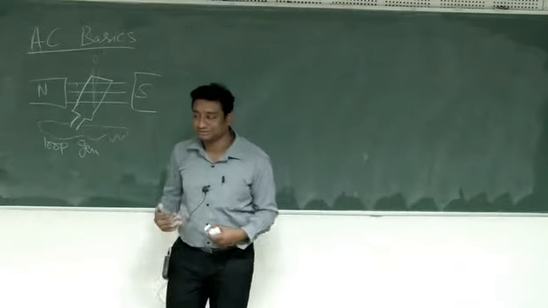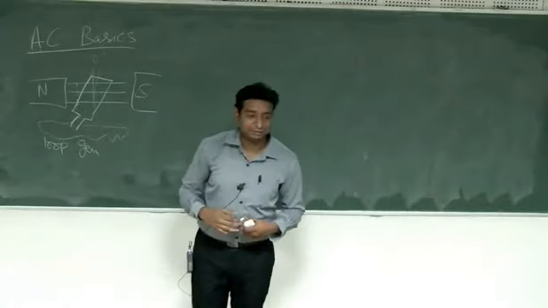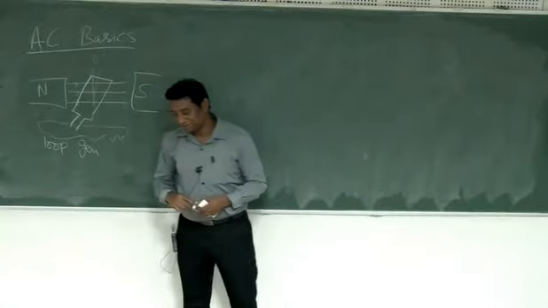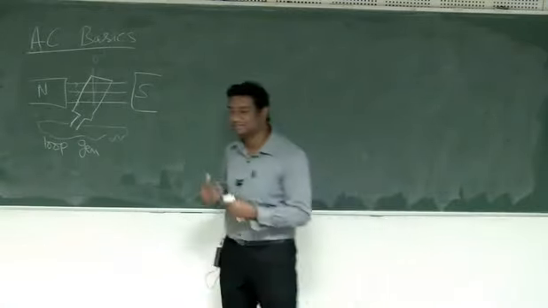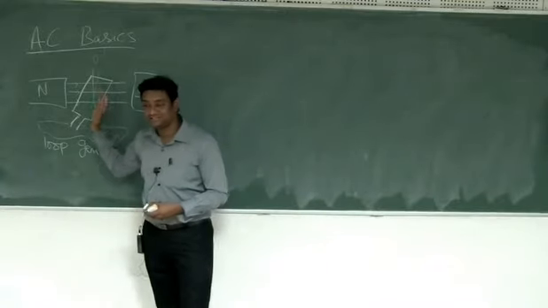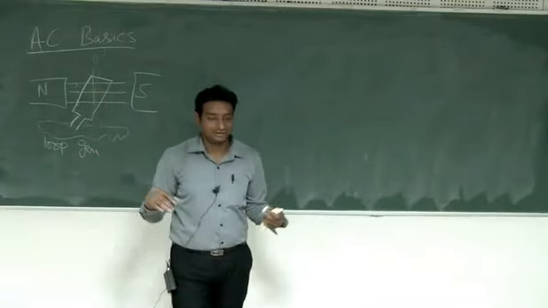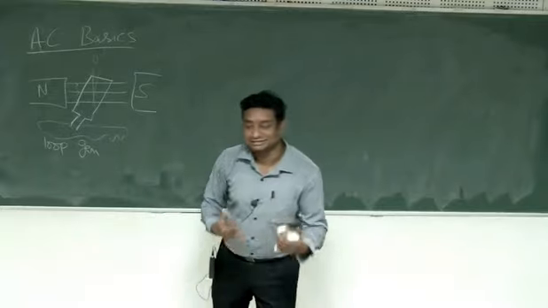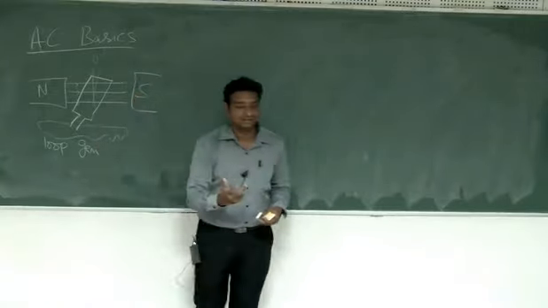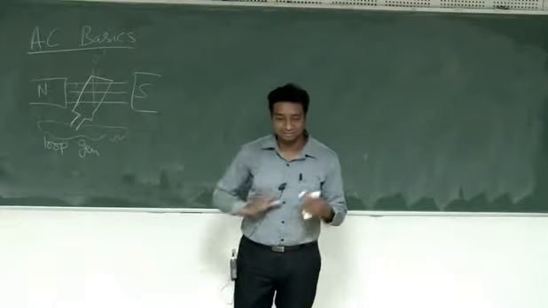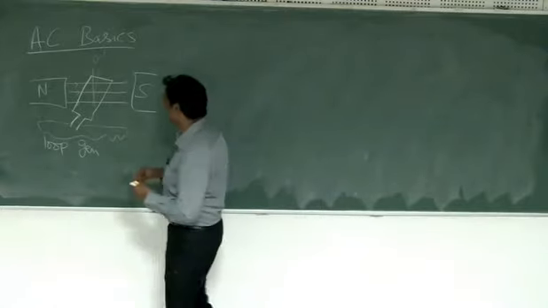This was always confusing for me, and some of the people I have interacted with said that in the vertical position it is full voltage and in the horizontal position 0 voltage, but it doesn't matter as long as it is alternating. This is just a simple example to show how the voltage is generated.